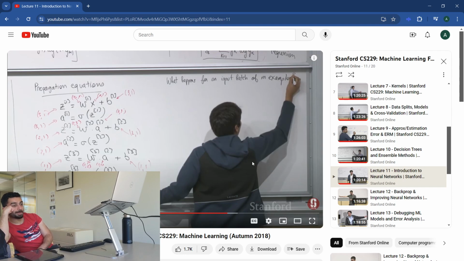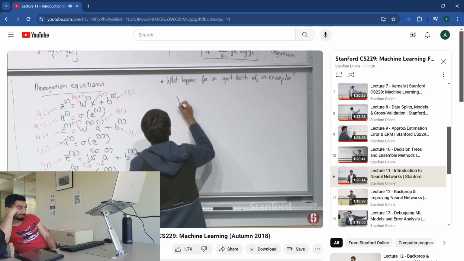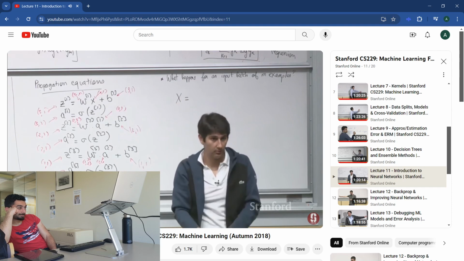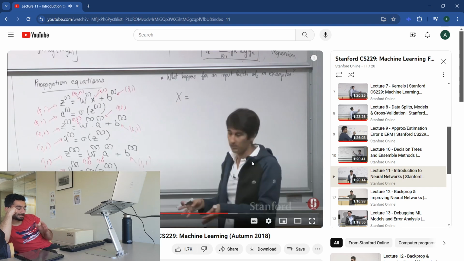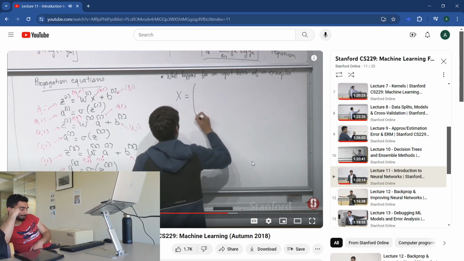Now our X is not a single column vector anymore. It's M column vectors next to each other. Makes sense? It's a matrix.